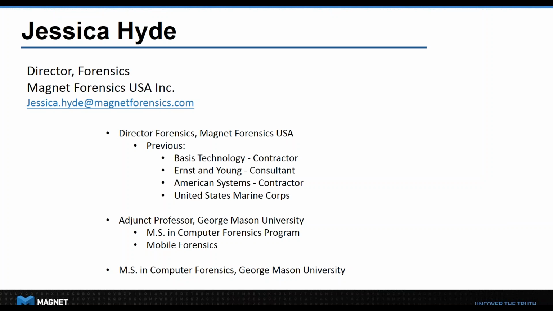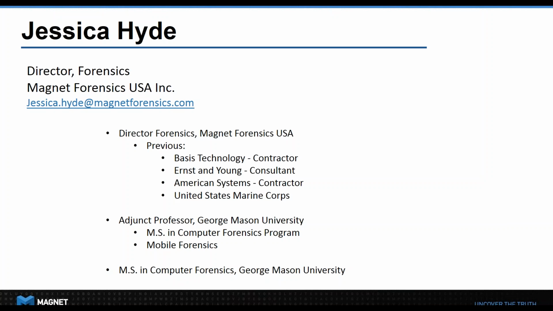Before working for Magnet, I was a contractor. I worked for Basis Technology for a couple years, running a mobile forensics team, where we specialized in devices that could not be acquired or analyzed by commercial tools. Prior to that, I did digital forensics as a consultant for Ernst & Young, or EY.